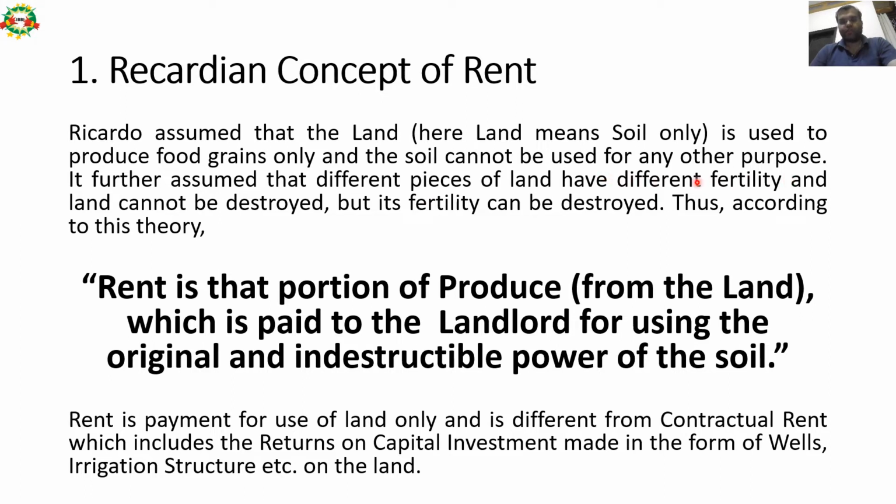So this is the assumption of Ricardian concept of rent theory. It further assumed that different pieces of land have different fertility and land cannot be destroyed, but its fertility can be destroyed. Please note down these assumptions. Sometimes a one mark theory question may come out of these assumptions only.